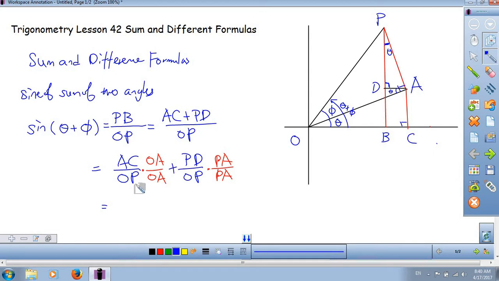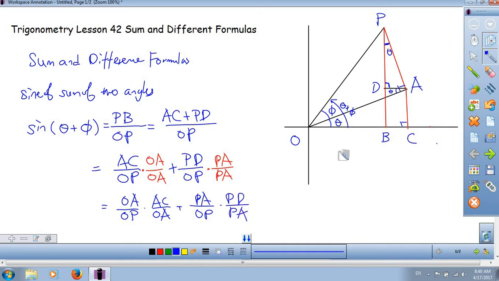Let's write OA over OP and AC over OA, and switch their places. Let's write PA over OP and PD over PA.